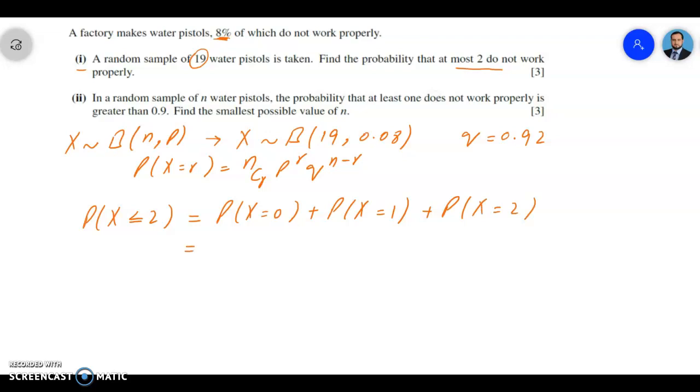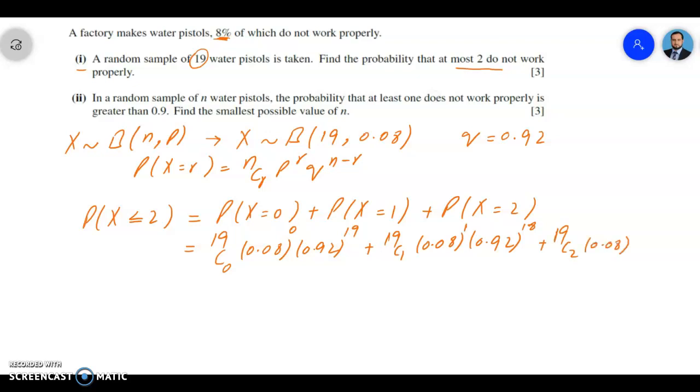We simply use the formula: 19C0 times 0.08 to the power of 0 times 0.92 to the power of 19, plus 19C1 times 0.08 to the power of 1 times 0.92 to the power of 19 minus 1, which is 18, plus 19C2 times 0.08 to the power of 2 times 0.92 to the power of 17.